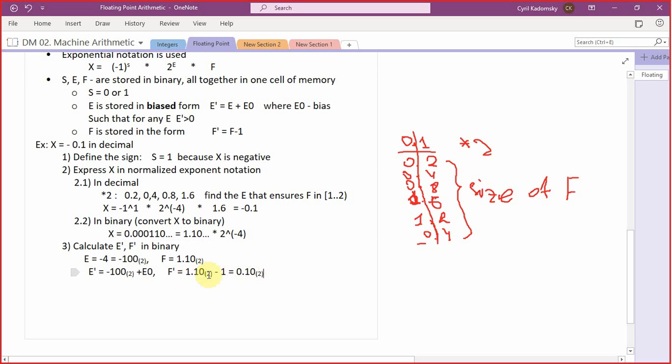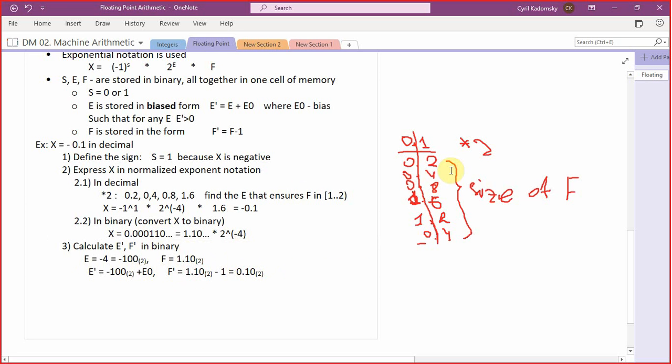Actually, if before this minus 1 operation the number contained both whole and fractional parts, after we have removed this whole part, what remains is just the fractional part. That is actually why this F is called fraction, because it stores only the fractional part. It has no whole part.